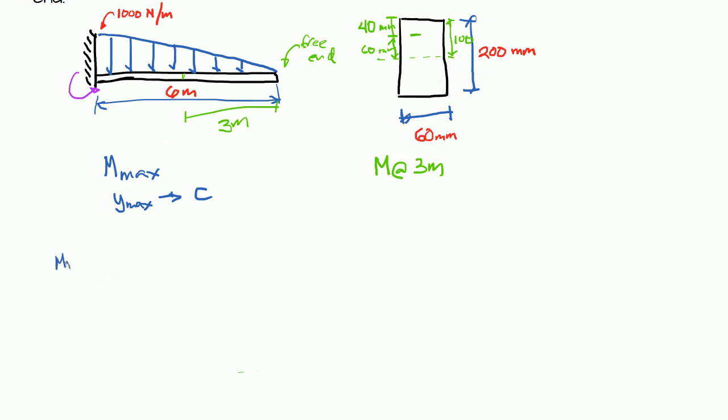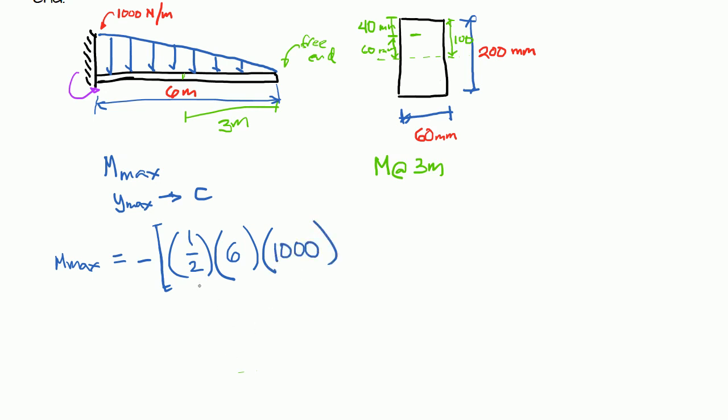The maximum moment should be equal to negative times the resultant of the triangular load. Okay? The resultant of the triangular load is, let's put a bracket here. It's 1/2 times the base of the triangular load, 6 meters, times 1,000.